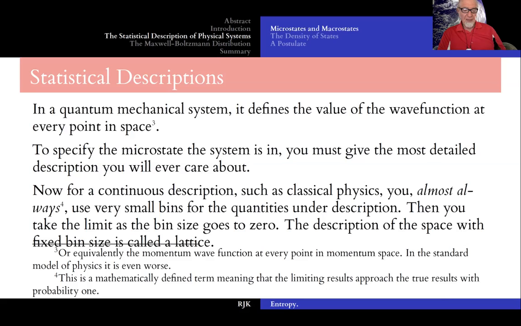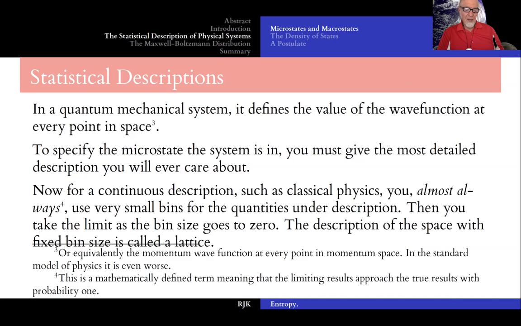And if you're going to specify a microstate of a system, you have to have the most detailed description you will ever be able to care about. So that means including Newton's laws and the way in which they interact with each other. If they have electrical charges, then you have to include Maxwell's equations.